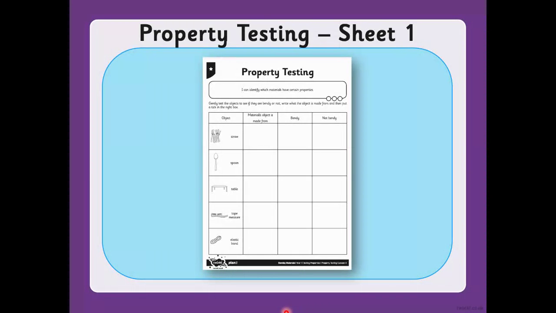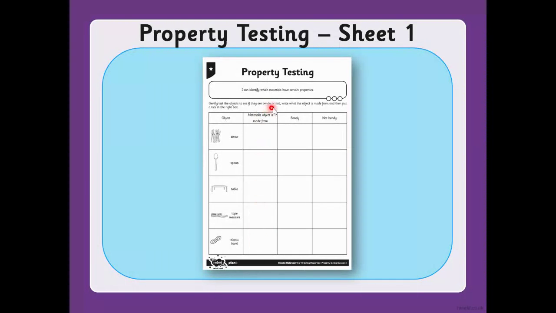So you're going to need, I use my pointer here, a straw, a spoon, a table, a tape measure, and an elastic band. So you're going to have to go and find those 5 things. And then you're going to write in this column here what they're made from. So what's the straw made from? What's the spoon made from? The table, the tape measure, and the elastic band? What are they made from?